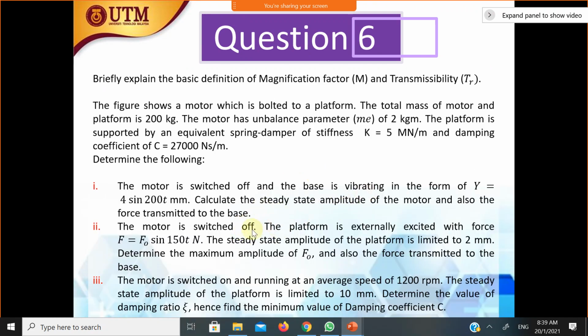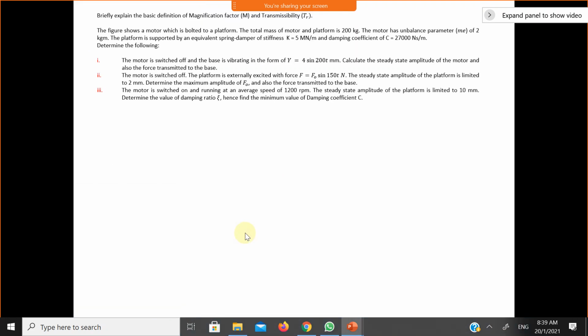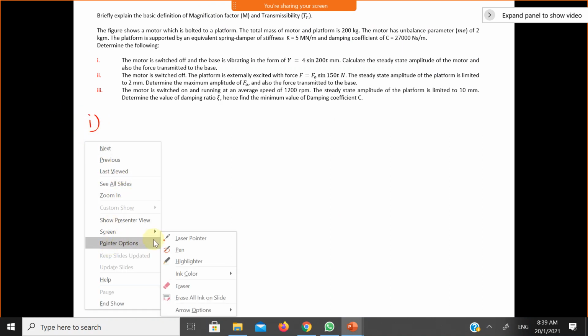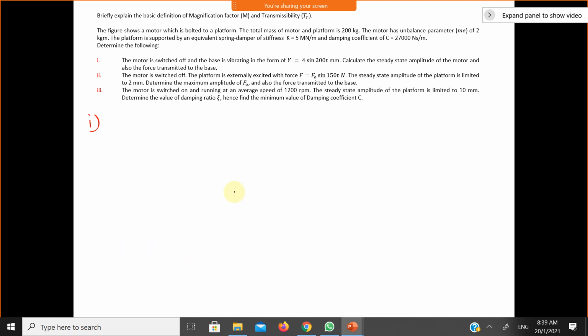Steady state amplitude is X. So how do we get X? First, based on the equation that was given, y equals 4 sin 200t millimeter, what can we extract from here? What is 4? 4 is Y naught, which is 4.